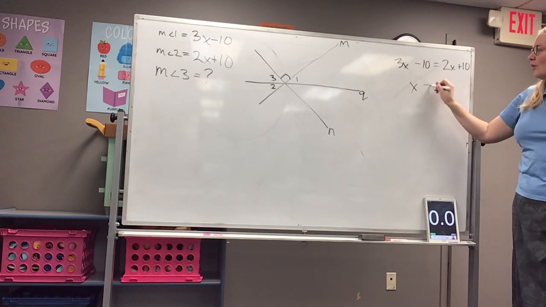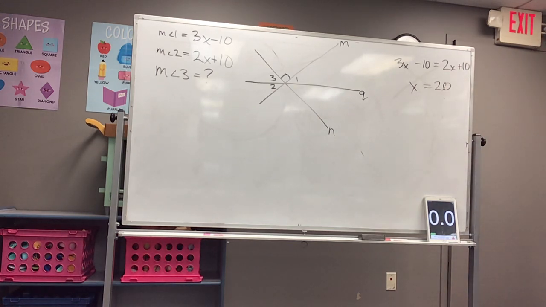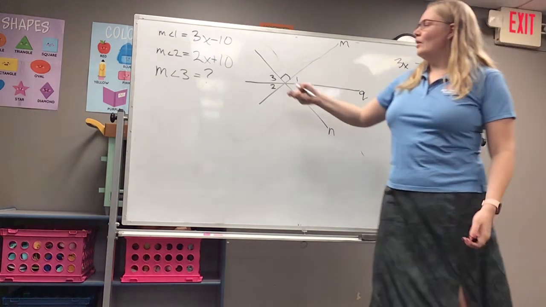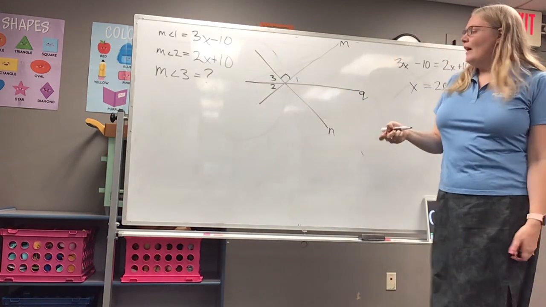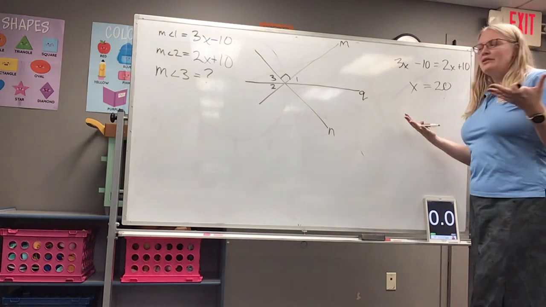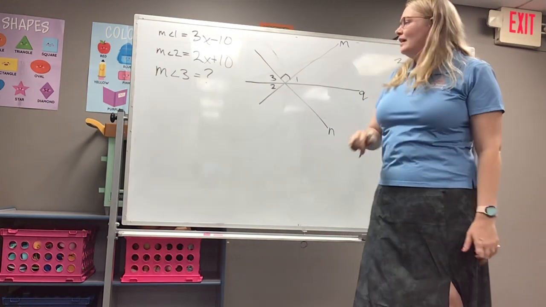Add the 10 over, x equals 20. But with that 20, what next? Plug in. You can plug it into angle 1 or angle 2. Just for my mental thing, it seems to make more sense to plug it into 2. Just how I see it.